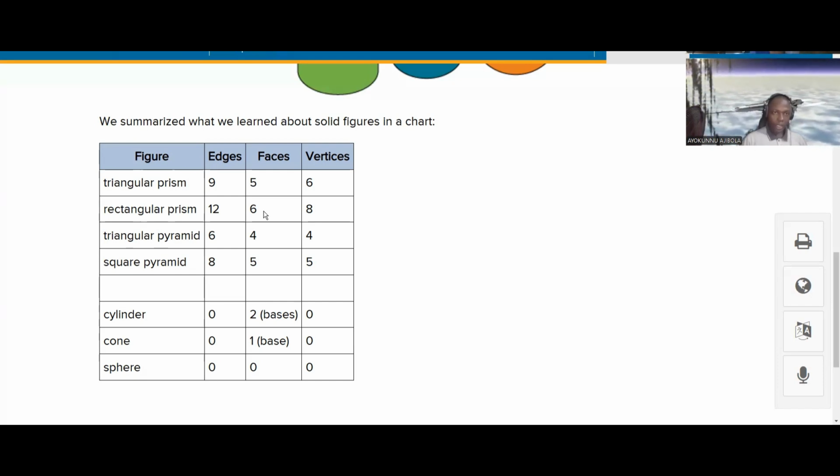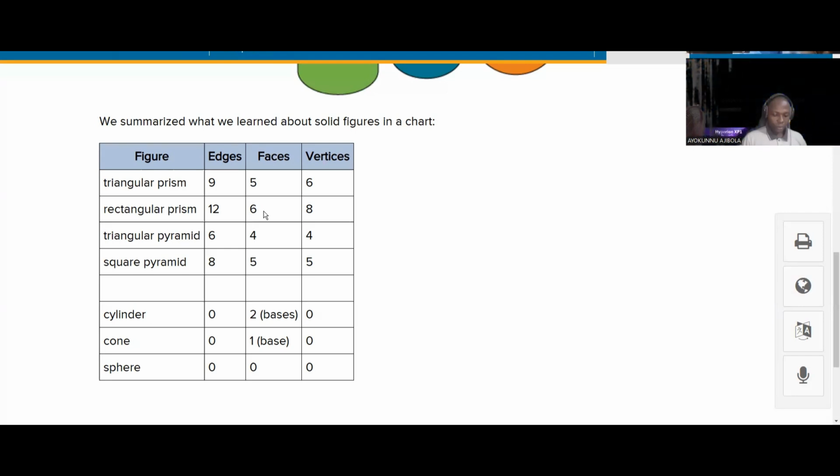Triangular prism, 9 edges, 5 faces, and 5 vertices. Read. It is 12 faces, 6 vertices, 8.